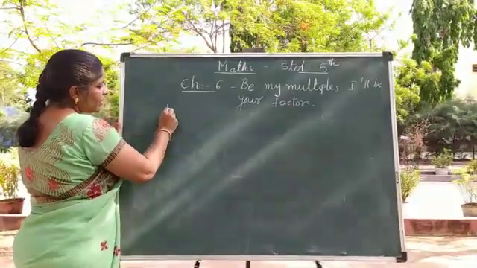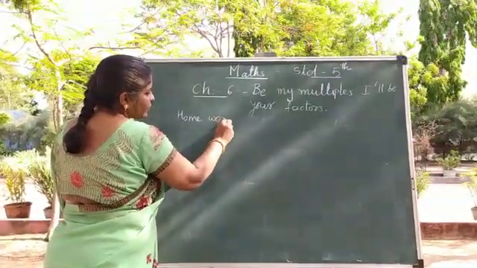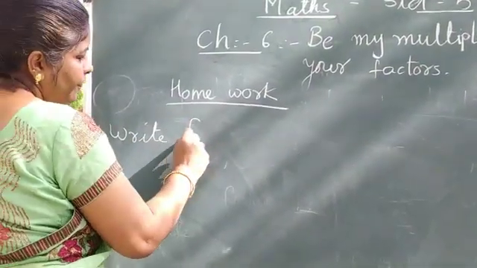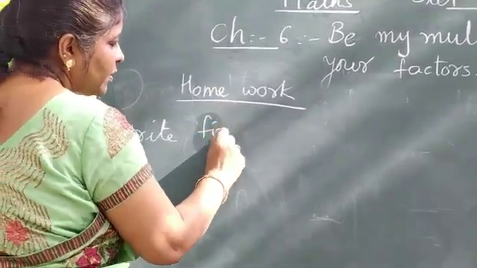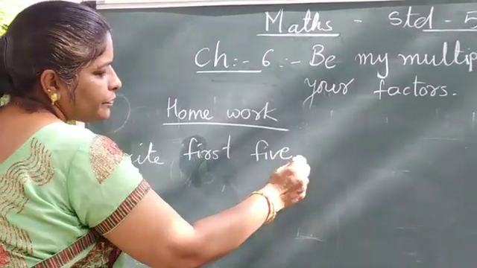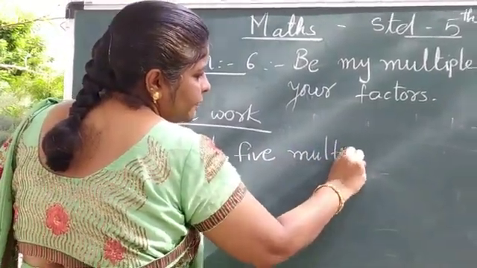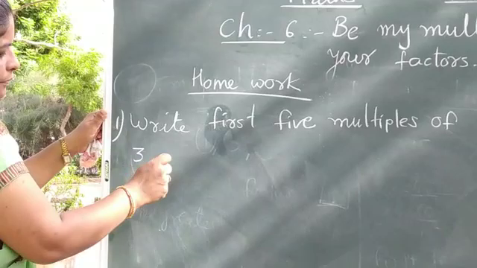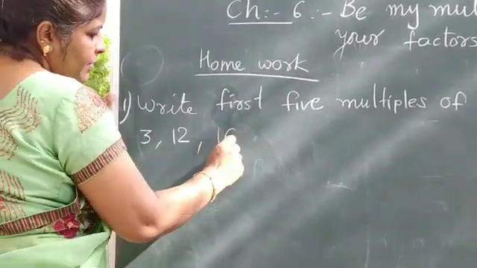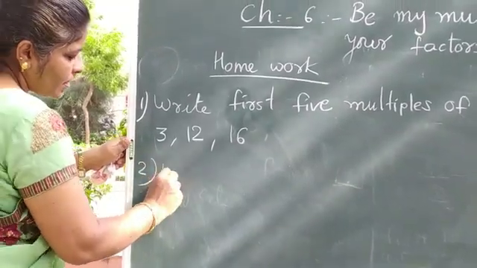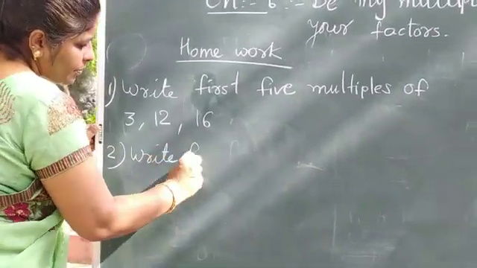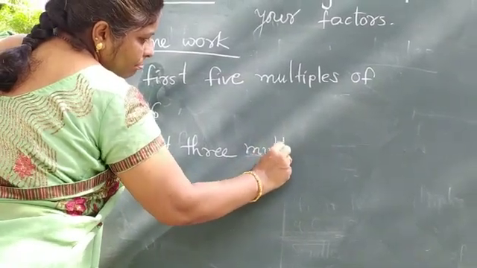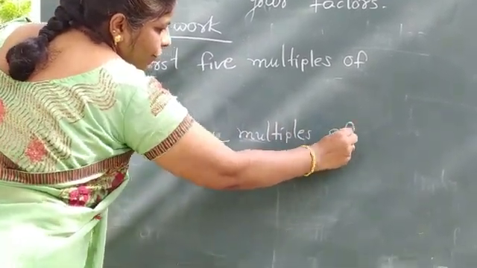So now your homework is: write the first 5 multiples of 3, 12, 16. Write the first 3 multiples of 9.